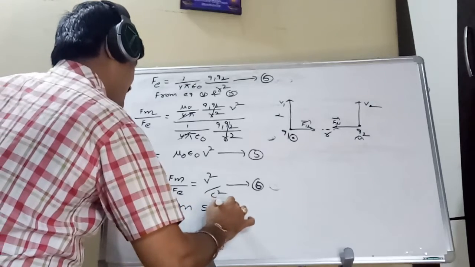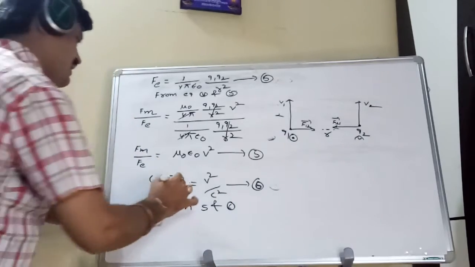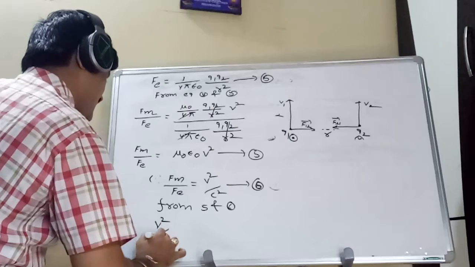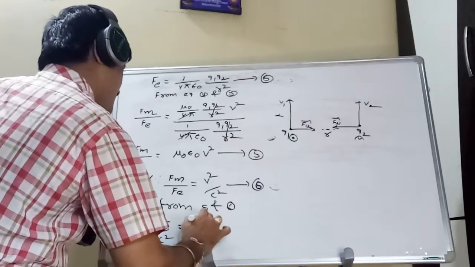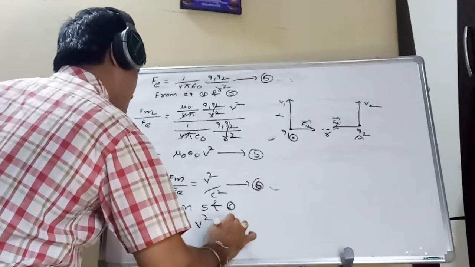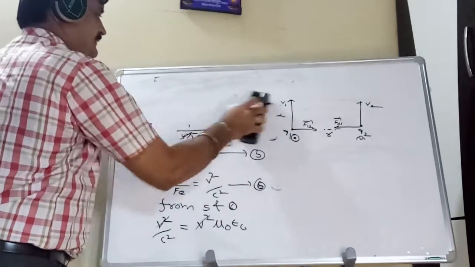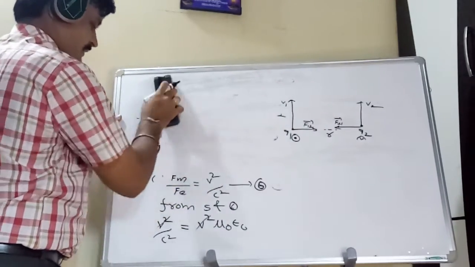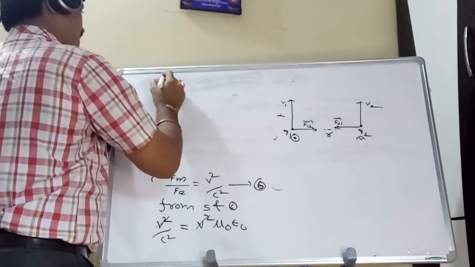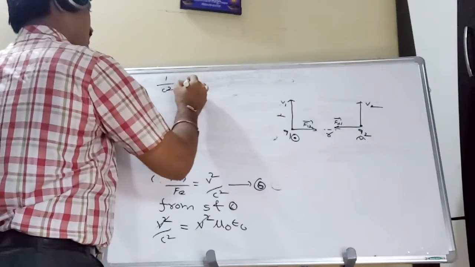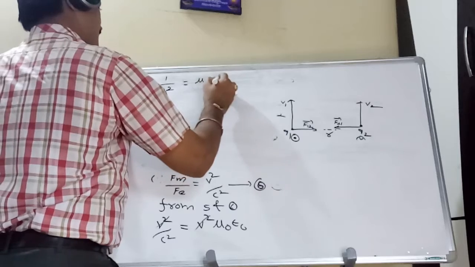From the fifth and sixth equations, V square by C square equal to V square mu naught epsilon naught. So V square cancels. So 1 by C square equal to mu naught epsilon naught.